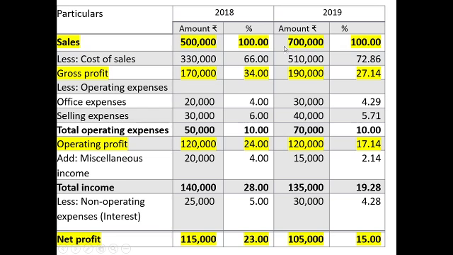In absolute figures sales has increased, but because of increase in cost of sales the gross profit is reduced. So here you got 34% of gross profit, but here you ended with only 27%, because the reason is here increase in the cost of sales.